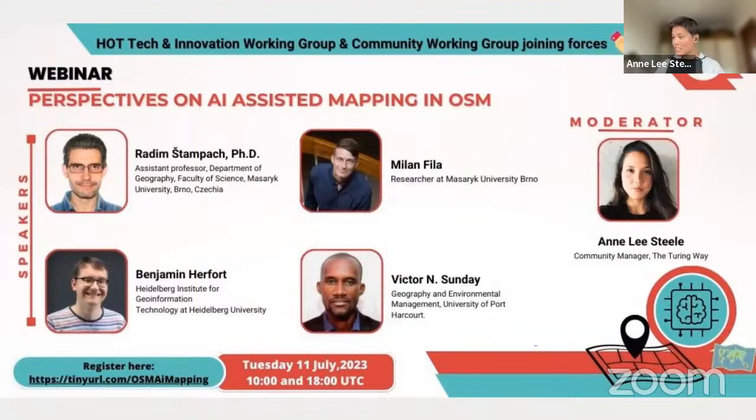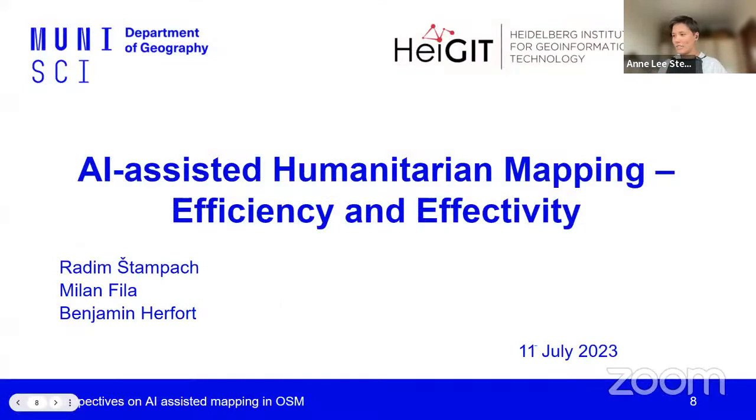We also have Victor Sunday in Geography and Environmental Management at the University of Port Harcourt, as well as myself moderating the discussion, coming from the Alan Turing Institute and the Turing Way Project as a community manager of another community that works in and around AI-related topics. You've had a solid 10 minutes of me speaking, so I will pass the mic to Radim, Milan, and Benjamin.